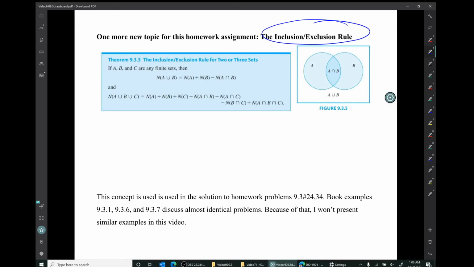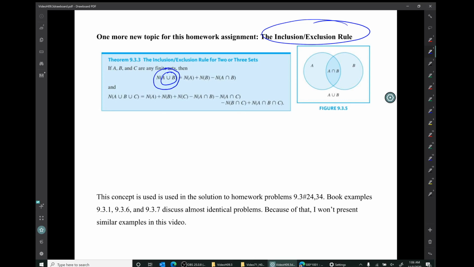Now, we're going to consider the situation where sets are not necessarily disjoint. So we have a union of A and B, where A and B are not necessarily disjoint. So we want to count the number of elements in the union.